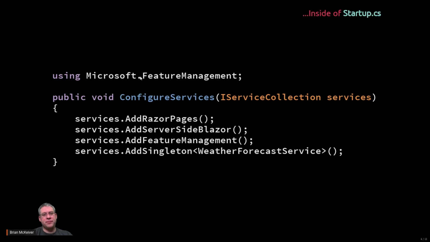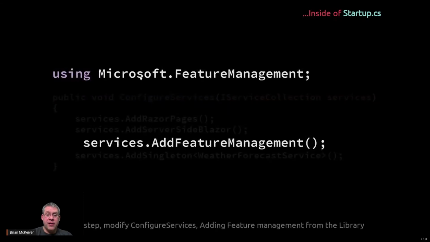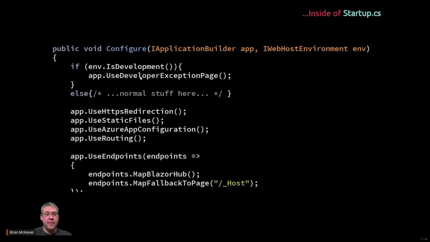It's not that much different. So this is still the same concept. We're going to basically enable feature management as a service by using Microsoft Feature Management. That's pretty darn simple. I hope it doesn't take much more explanation than that. But basically, that gets us up and allows us to have the code that knows how to deal with those app settings in our class libraries, we'll call it that.